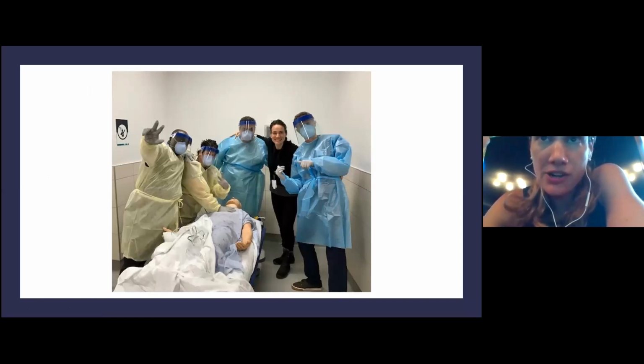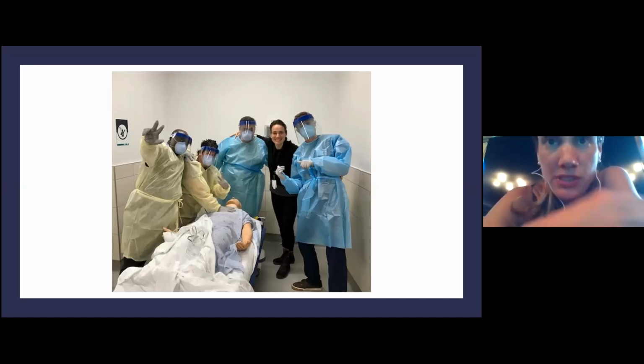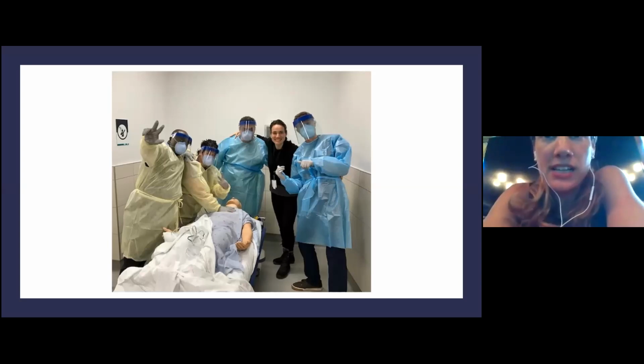So if your patient was in cardiac arrest, which is what happened to this patient, they had to wear the blue gown. And even back then, I remember, it was so hard to find equipment to run the simulation. They were already watching the stocks. So these gowns there, they were very precious. And I could never have organized a large scale simulation, even at the end of February, but with all this equipment for everybody.